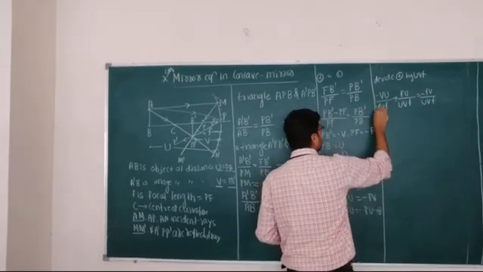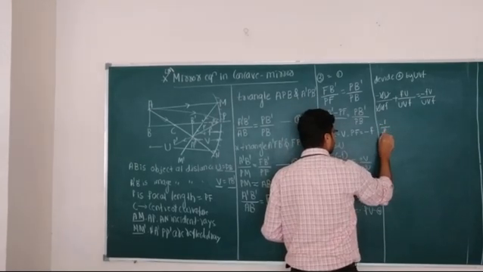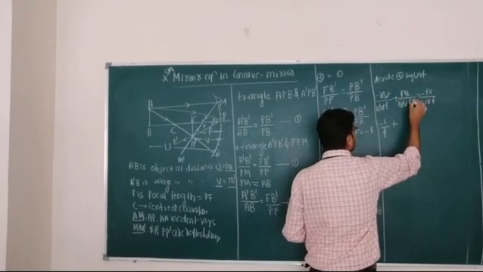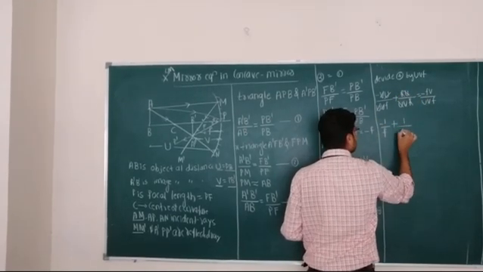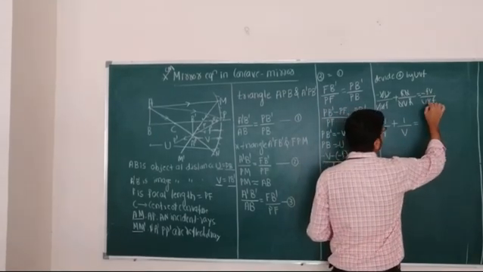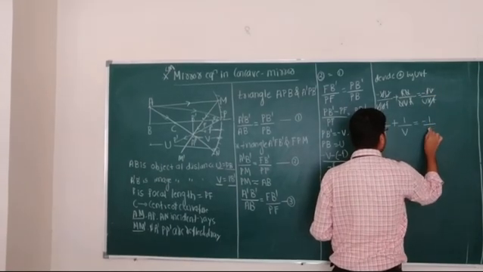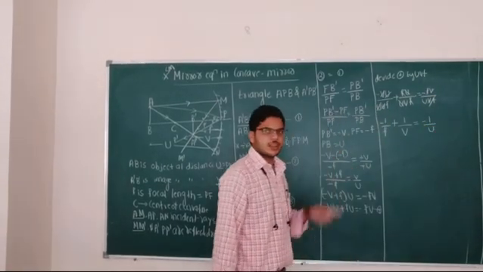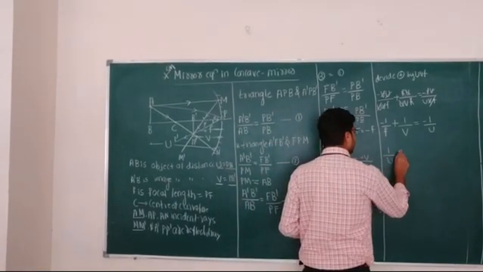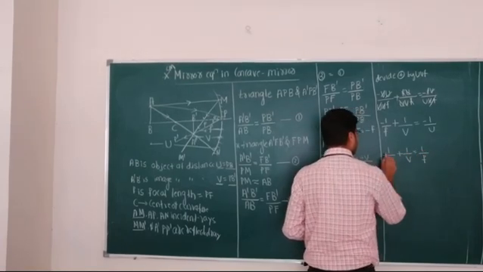Here u gets cancelled, v gets cancelled. Remaining is minus 1 by f plus, here u gets cancelled, f gets cancelled, therefore remaining is 1 by v, that is equal to, here f gets cancelled, v gets cancelled, minus 1 by u. By rearranging, what can I write? 1 by u plus 1 by v is equal to 1 by f.